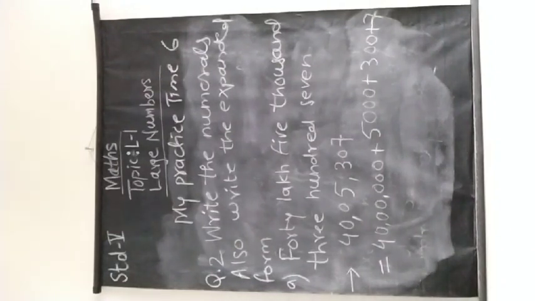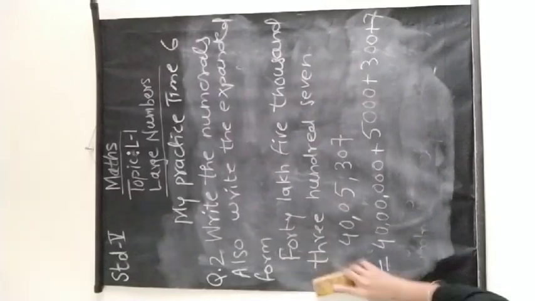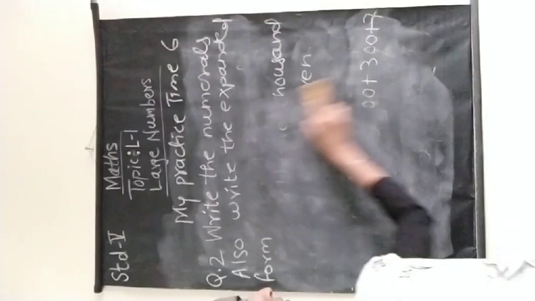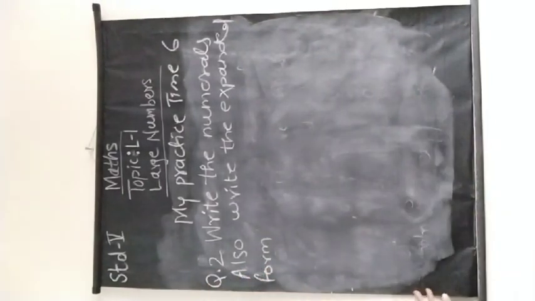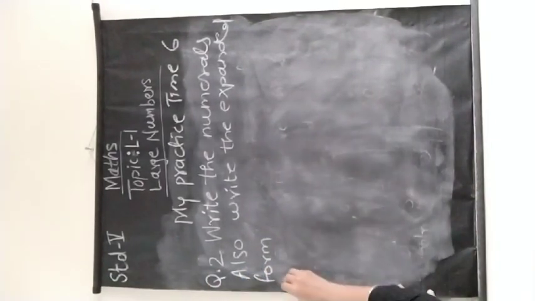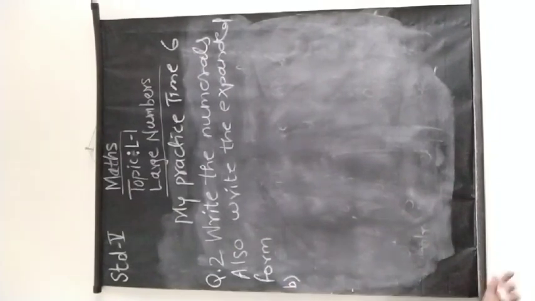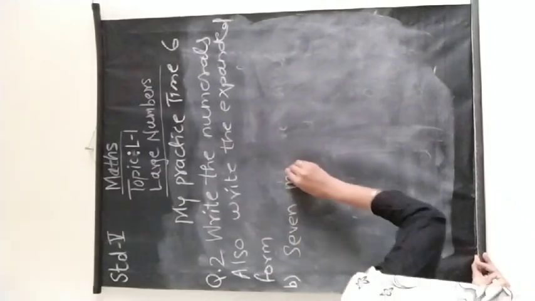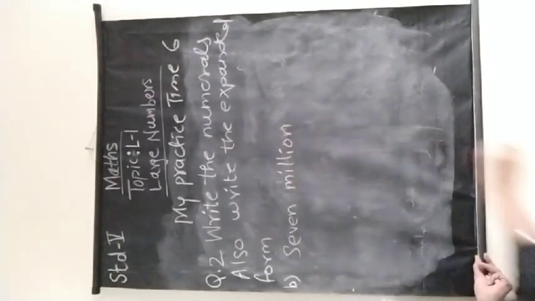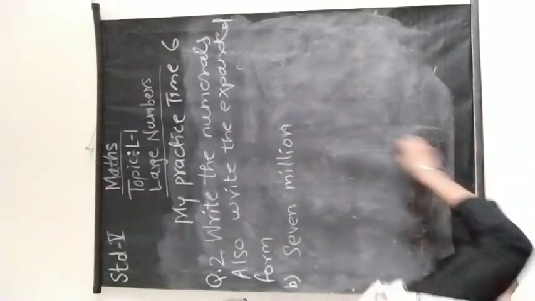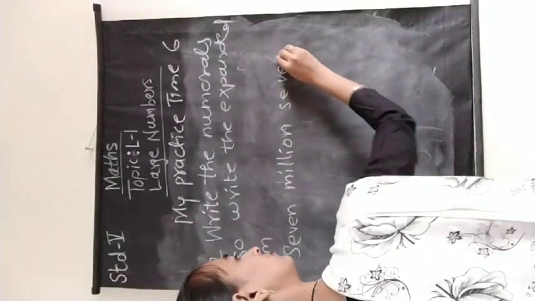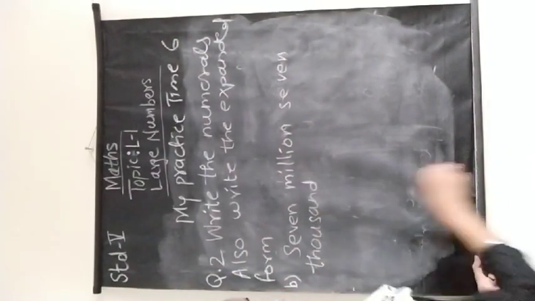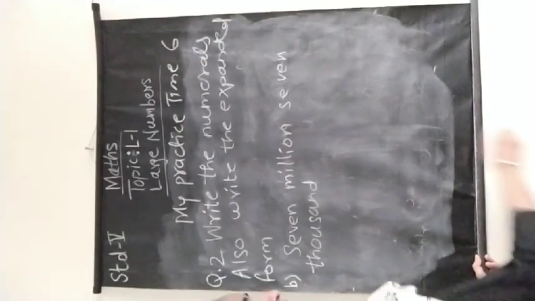Okay students, now I will take one more example. Second example, that is B. Okay, in that the question is 7 million then 7,000 77.